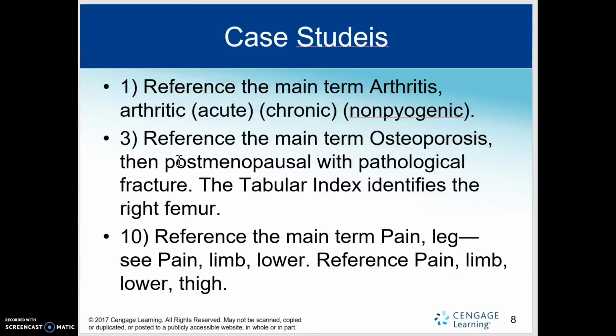Number 3. This one says the patient was sent to the hospital for treatment, skilled nursing facility note. So he lives in a skilled nursing facility. This one says clinical impression: fracture due to postmenopausal osteoporosis. So what does the patient have? They have osteoporosis, postmenopausal osteoporosis with a pathological fracture. So we have to go to osteoporosis first and then postmenopausal.